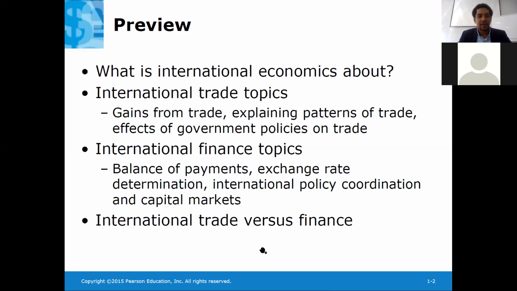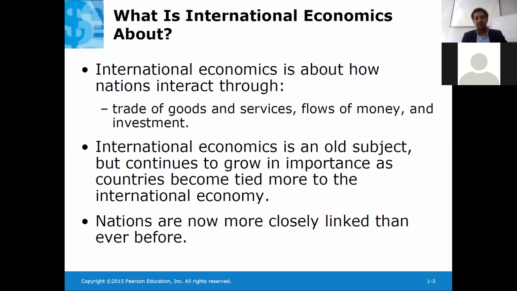Okay, so let's proceed to our first topic, and I would like to remind you that last week we have also mentioned that this international trade or international economics is not something new. It has been there a long time ago, right? And it became more famous, for example, in the 70s, 58.